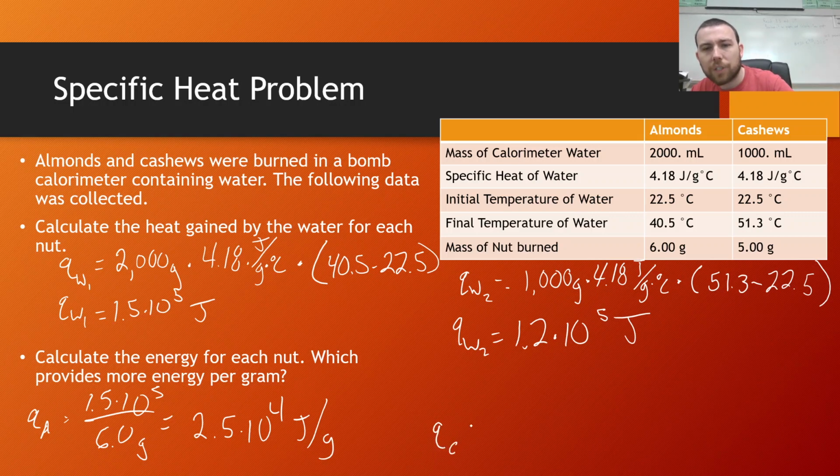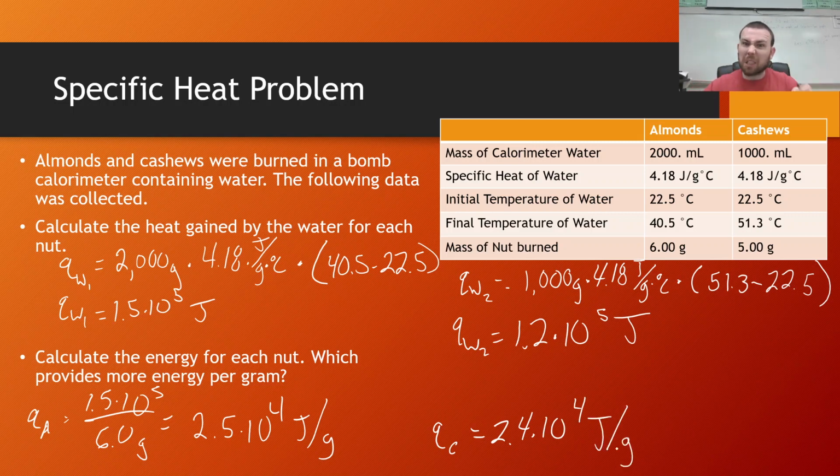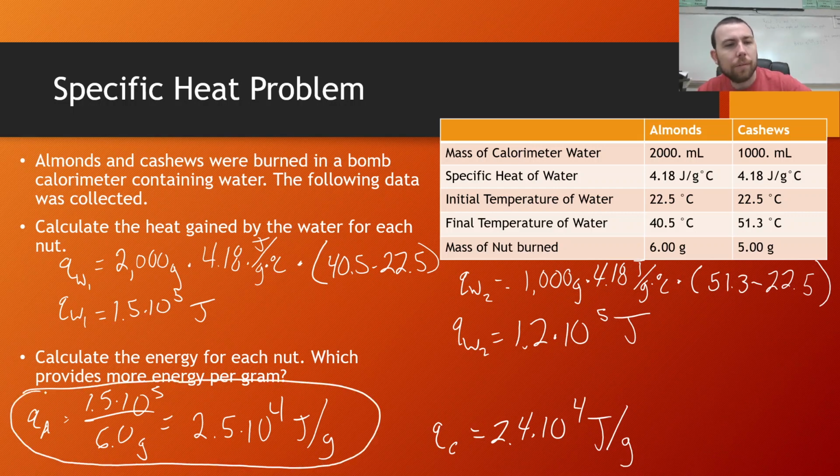And then QC for the cashew, 1.2 e to the 5th divided by 5, and we've got 2.4 times 10 to the 4th joules per gram. Now, it's actually really close, but what we can see here is that the almond provides more energy per gram.